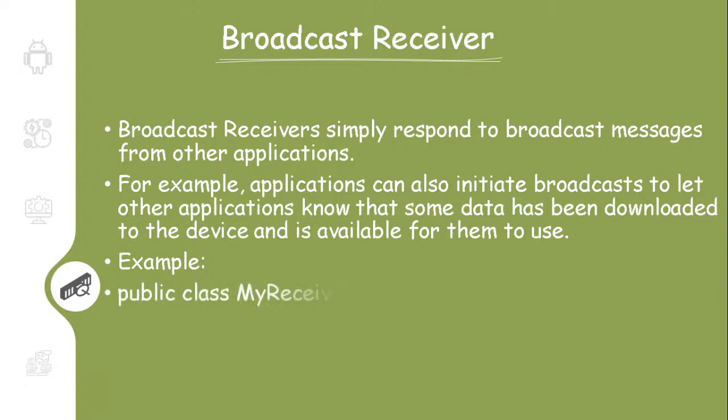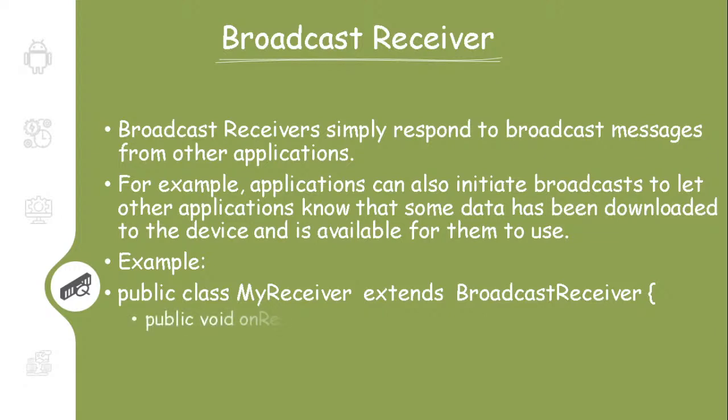So to implement a broadcast receiver in our application, we have that activity.java file. In that Java file, we have to write this public class MyReceiver that is extending our class BroadcastReceiver. When we are inheriting, you must be familiar with the word inheritance. You have already studied in C, C++, Java.